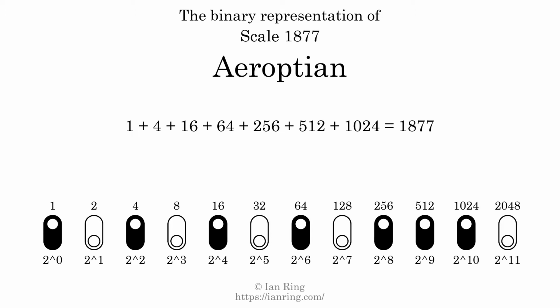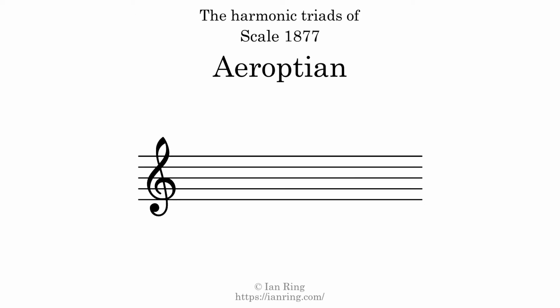That is why the scale number, in decimal, is 1877. The scale number not only enumerates the scale with a unique index, but it also literally describes the tonal content of the scale. Represented as a binary number in base 2, the scale number is 01110101001.